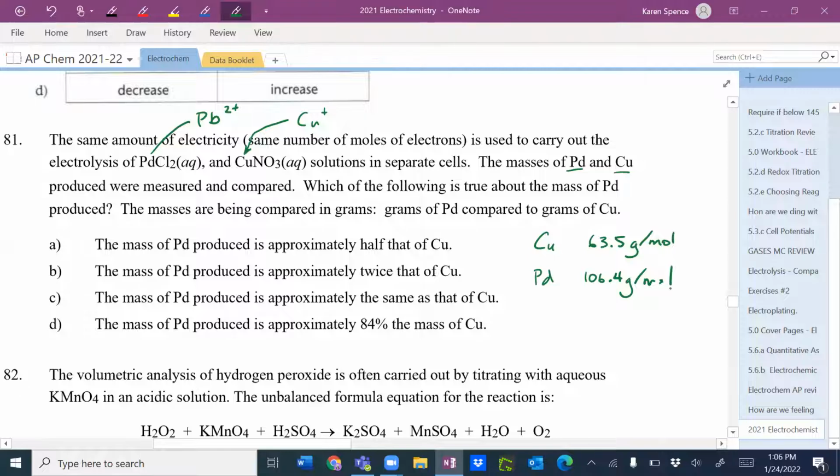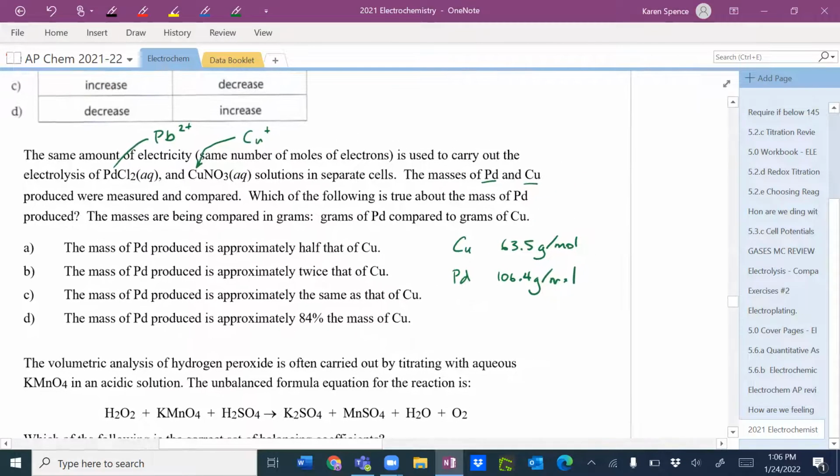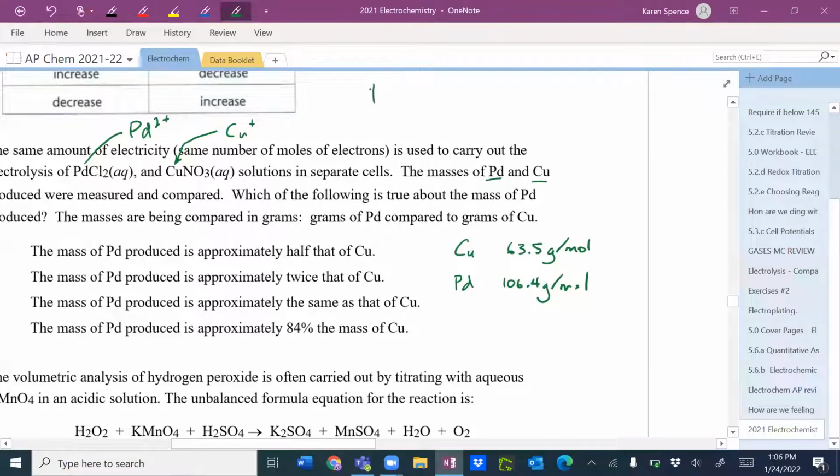Now, if we have the same number of moles of electrons, oh, I wrote Pb, I meant Pd2+. Pd2+ needs 2 moles of electrons to reduce to Pd, whereas copper, which is +1 according to this, only needs 1 mole of electrons to reduce to copper solid.